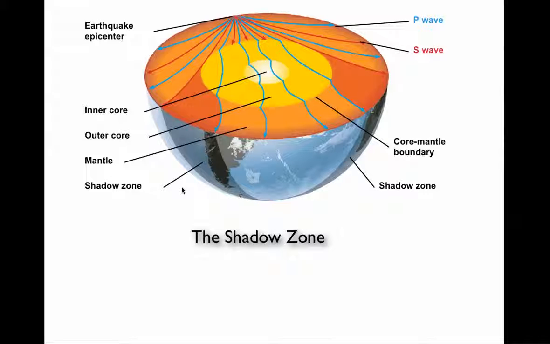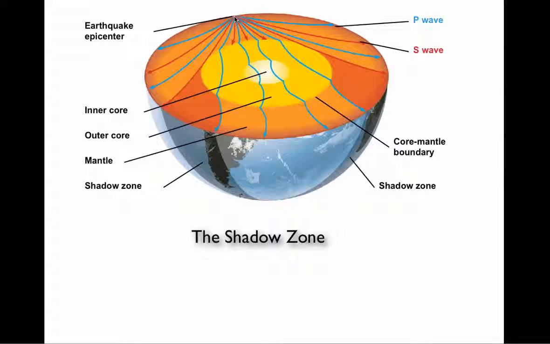Okay, the shadow zone. If there's an earthquake over here, the P waves in blue tend to get curved as they go down into denser and denser crust. They don't travel in a straight line, in the same way that water that goes into a pool gets bent. You ever stick your pool sweeping device down in the water and notice how it gets bent? Same thing happens to waves from earthquakes, seismic waves, as they go down in the ground.